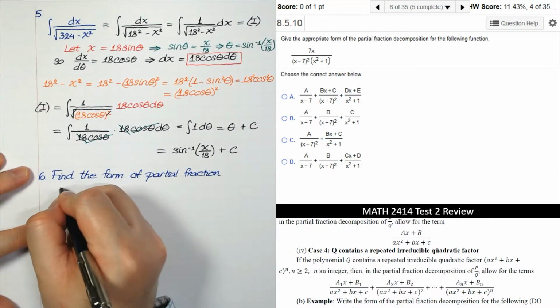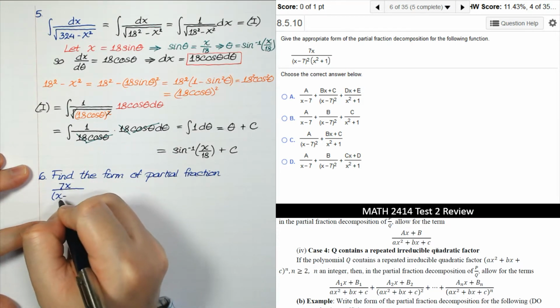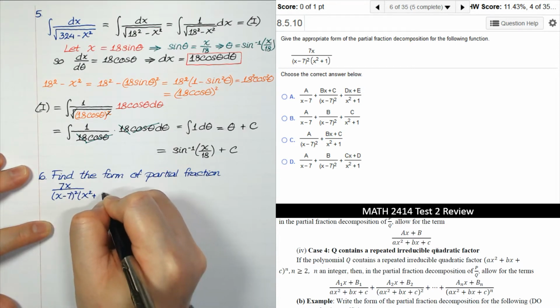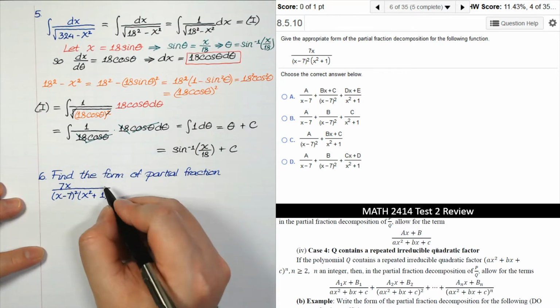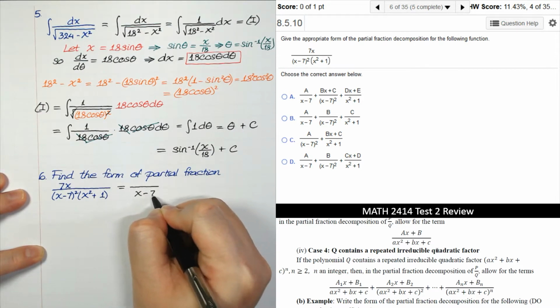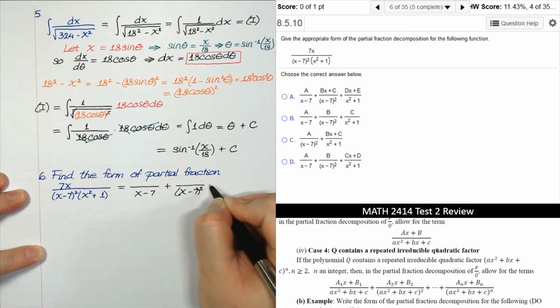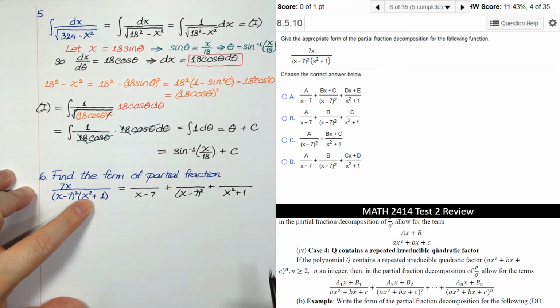We have 7x over (x minus 7) squared times (x squared plus 1). We have 2 factors of x minus 7, so we're going to need 2 fractions for it. And then x squared plus 1, 1 factor of that.